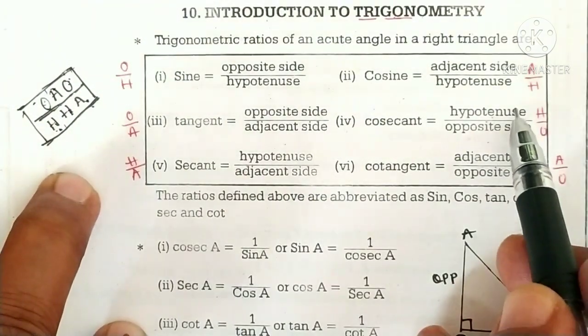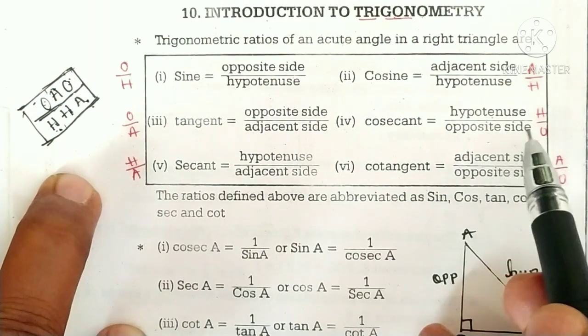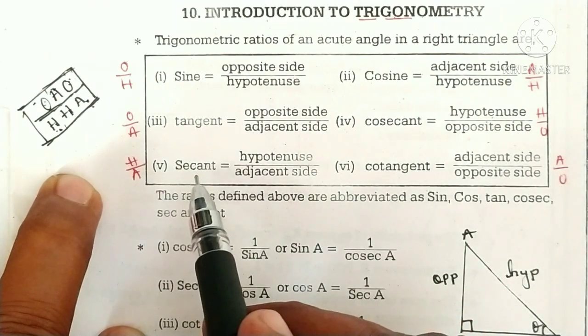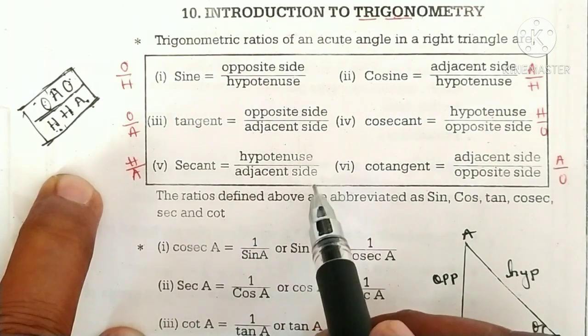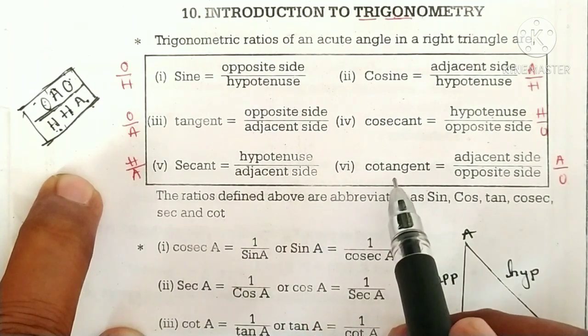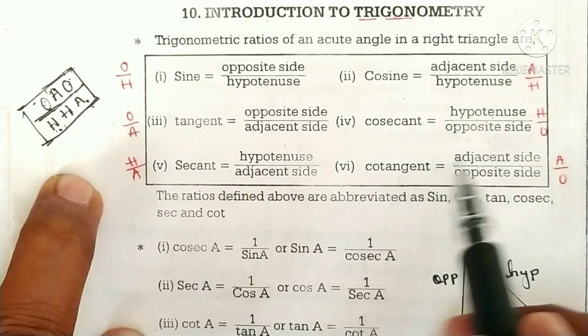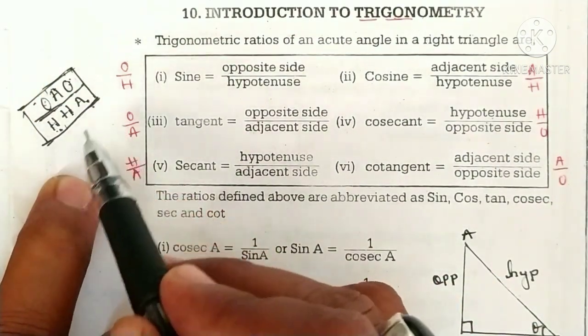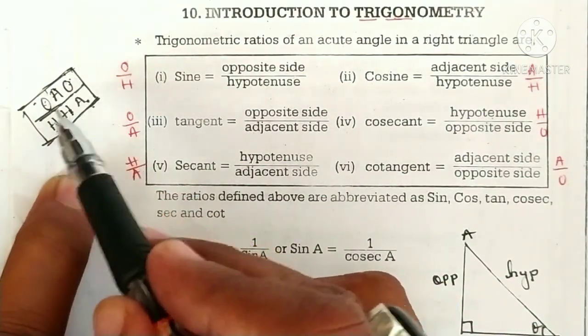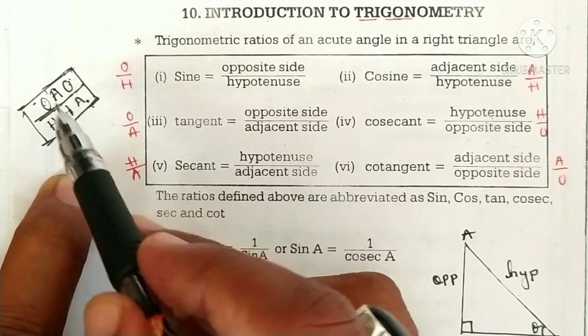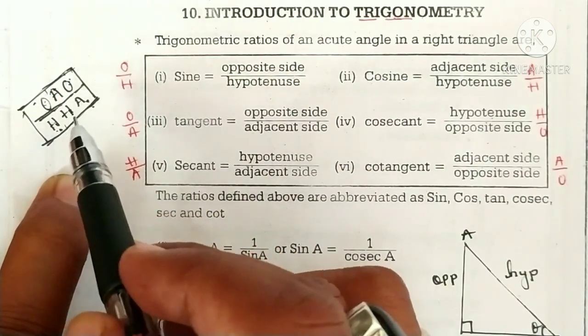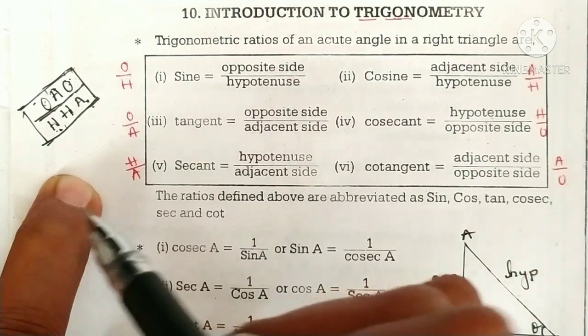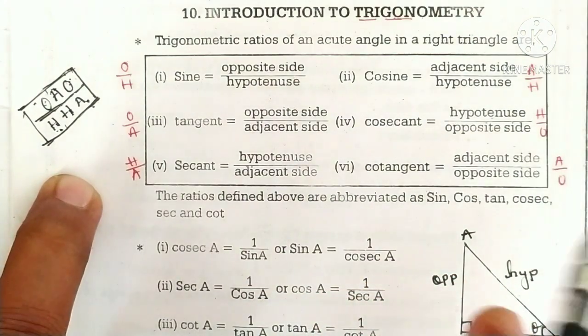Cosecant is hypotenuse by opposite side. Secant, that means sec, is hypotenuse by adjacent side. Then cotangent, that means cot, is adjacent side by opposite. So by remembering this table we can easily identify sine, cos, tan, cosec, sec, cot.